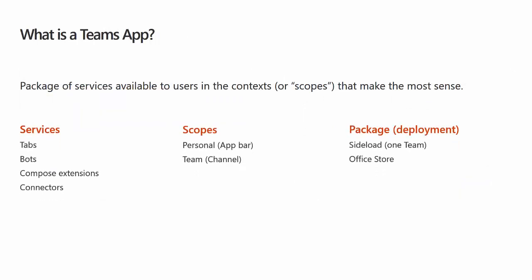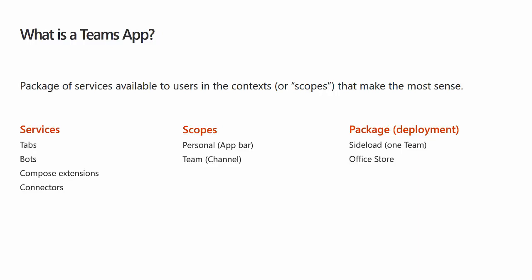So what is a Microsoft Teams app? Well, look at the app as a package of services that you can use to extend the interface. And these services, as we mentioned, are tabs, bots, compose extensions, and connectors. All of these services are then provided inside a certain scope or a context.